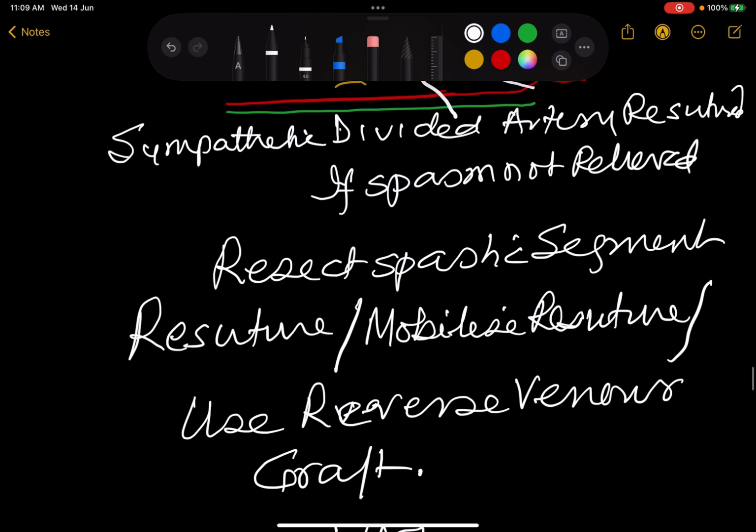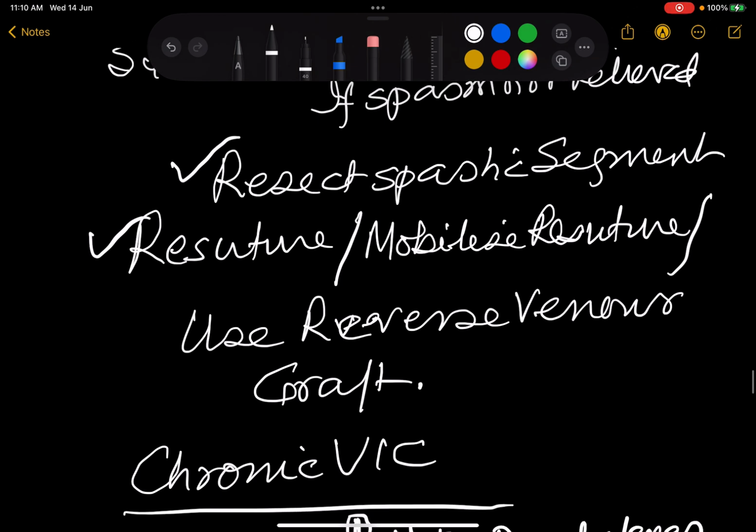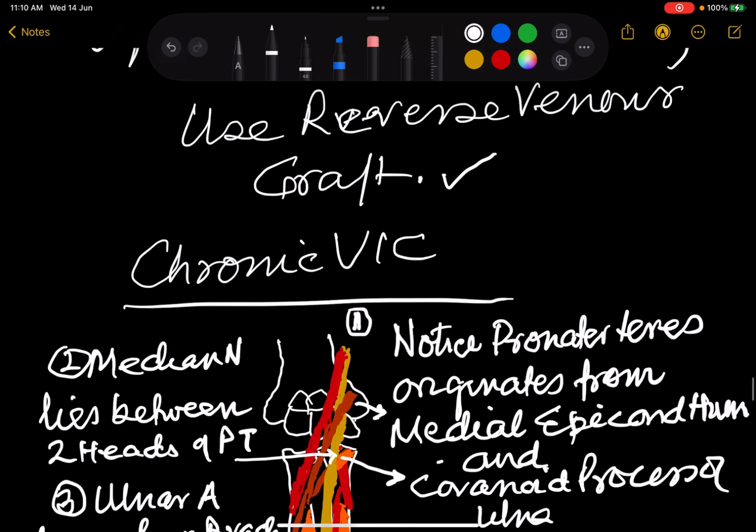Now, if the spastic segment is small, you may resect it and resuture it. You may need to mobilize the elbow and or the artery to prevent suture under tension. Now, if there's a big spastic segment, you can use a reverse venous graft. Why reverse? To take care of the valves.